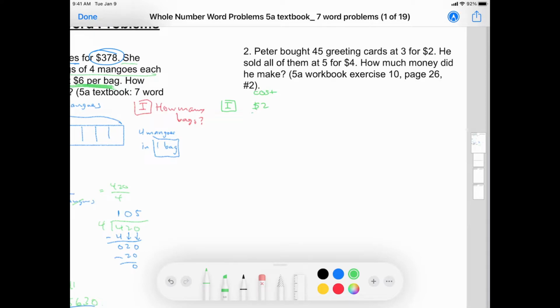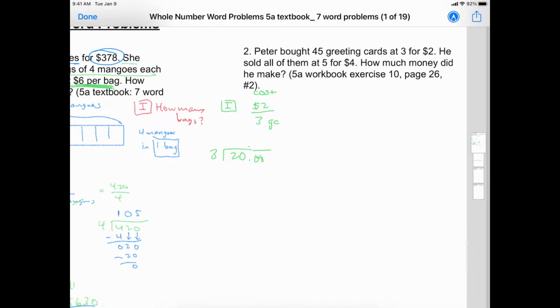It cost him $2 for 3 gift cards, right? And if you do a division problem, 3 goes into 20. I messed up on my decimal, you can see how important those are.